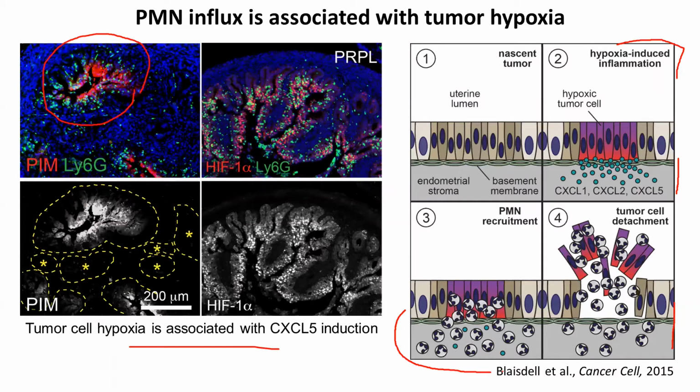So given that, we considered that this mouse model was a fantastic opportunity to try to understand not only the connection between tumor hypoxia and neutrophil influx, but also the connection between tumor hypoxia and the PMN response independently of T cells.